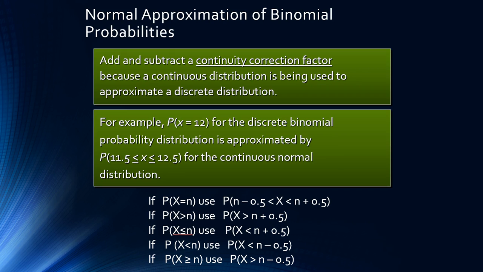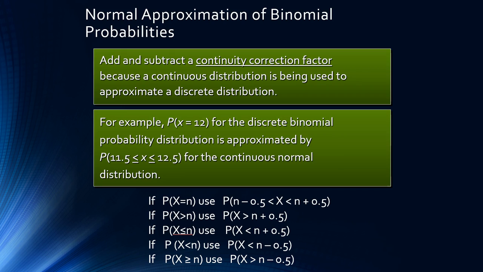All right. Again, we can approximate the binomial probabilities with a normal distribution if a couple of these situations occur. If the probability of x is equal to n, we would use the probability of n minus 0.5. And what it's saying is that a binomial is a discrete deal, right?